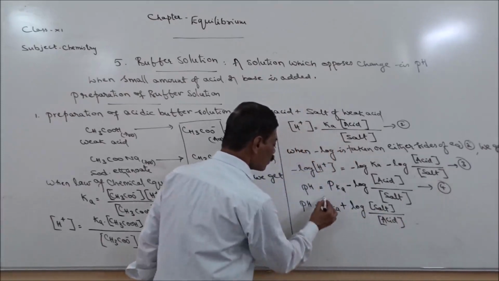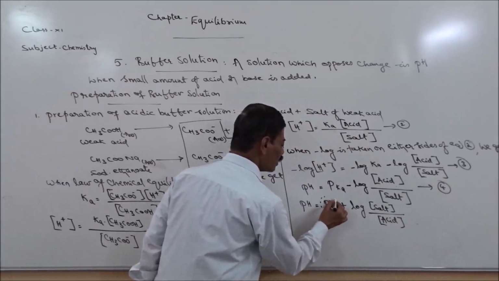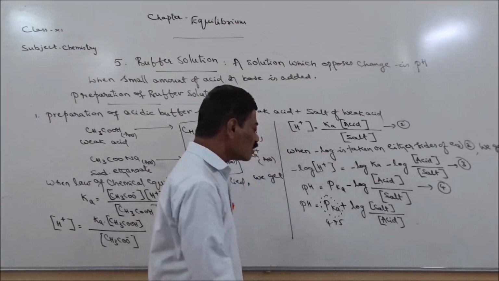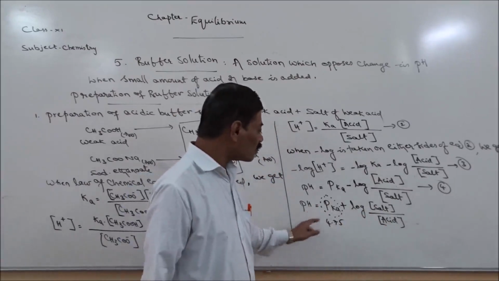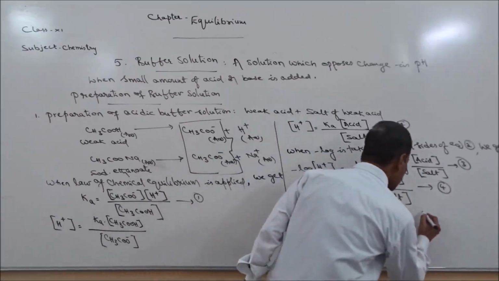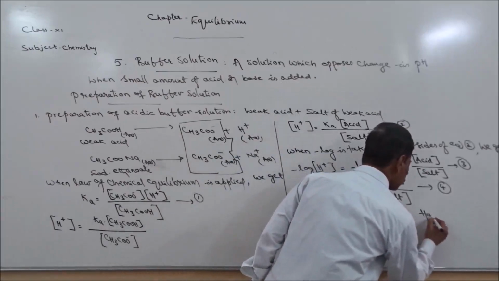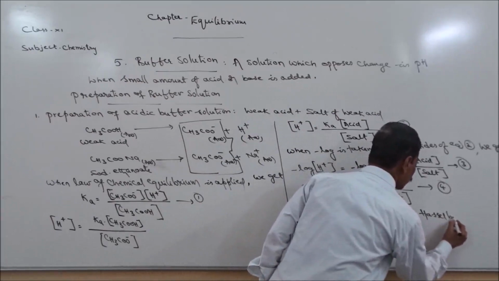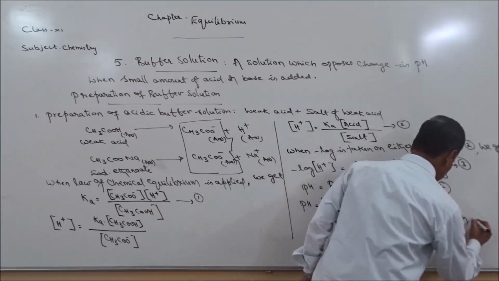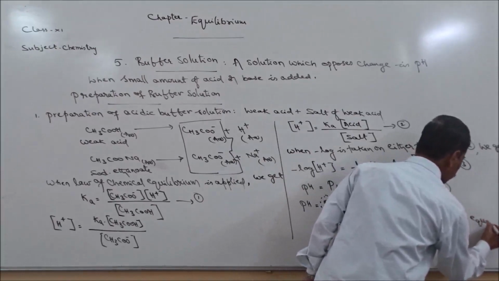And here the pKa value we can write as 4.75. And this equation is known as Hasselbalch equation.